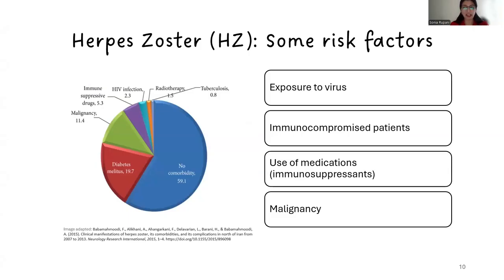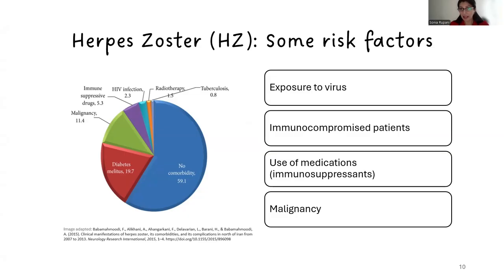Now, other than age, there are many other risk factors that we need to consider. Exposure to virus. If the patient is not immunized, they're not protected, then they're naive to this virus, and therefore, when exposed, they will get chickenpox, right? So they start off with that chickenpox, then their virus will stay dormant, and then they are at risk for herpes zoster if there's a reactivation of that virus. Immunocompromised patients who have HIV, diabetes, malignancy, who are on chemotherapy, all of this is suppressing the immune system and therefore can put them at risk of herpes zoster.